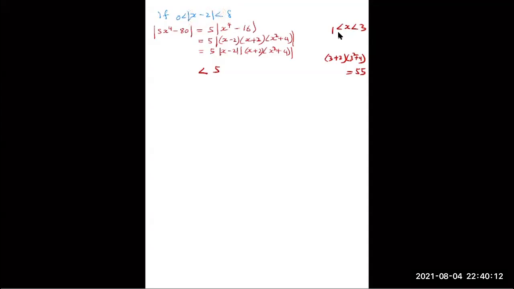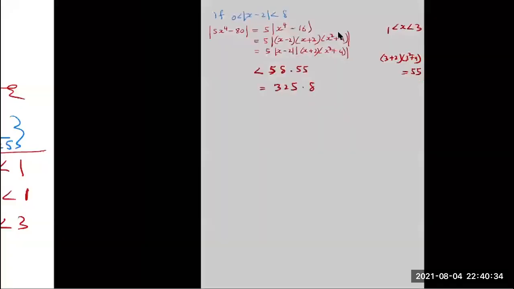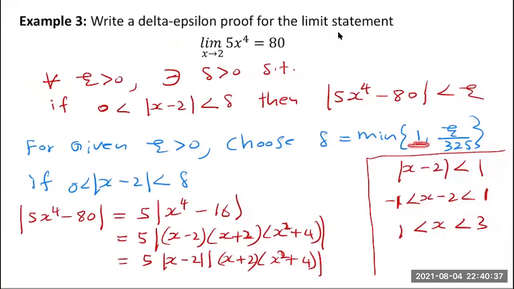So I should get a bigger quantity: 5 times delta times, I'm going to replace this by the maximum value you can have when x is less than 3, that is 55. So this is equal to 5 times 55, which is 325 times delta.